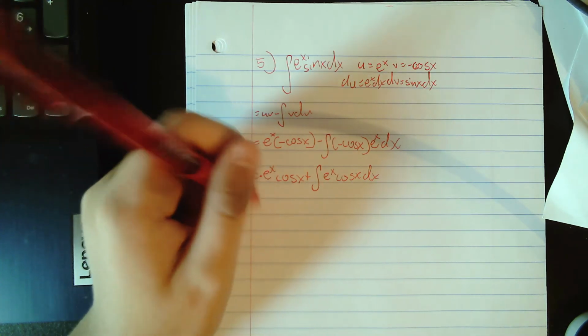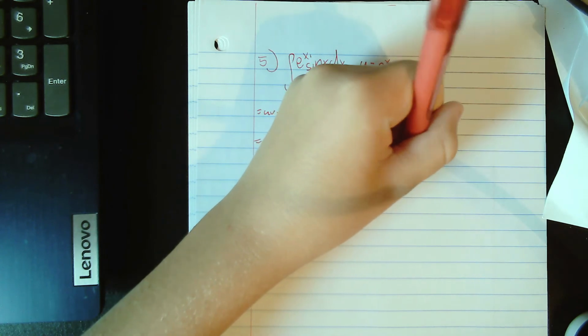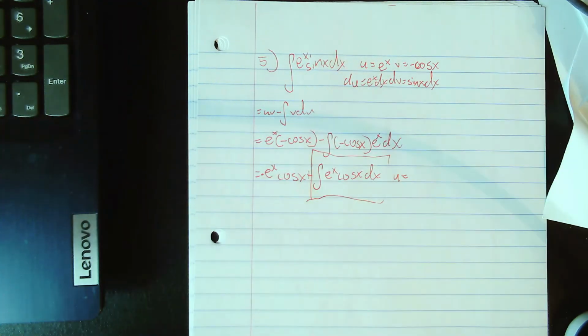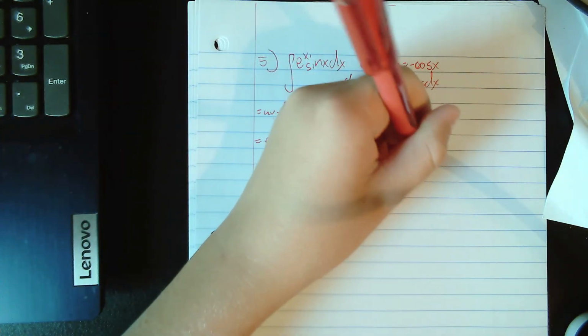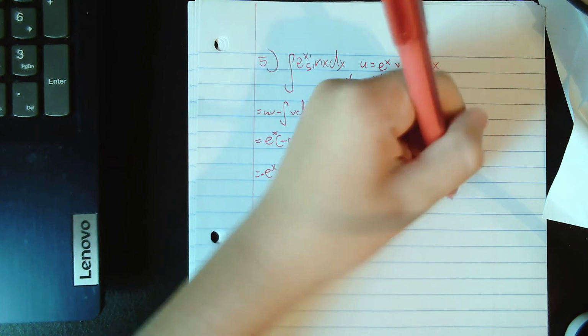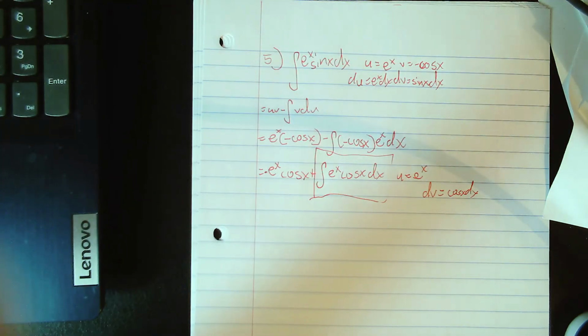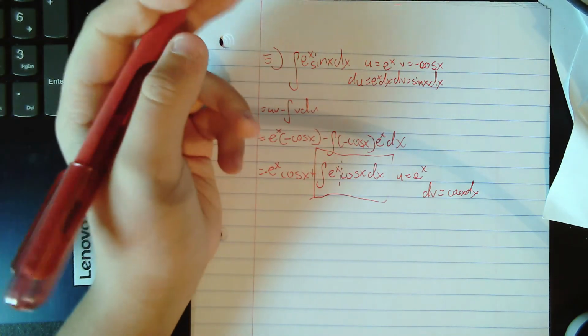So here we go with the next u substitution. Imagine this as a brand new problem. So u is going to be e to the x, and dv is the cosine of x dx.